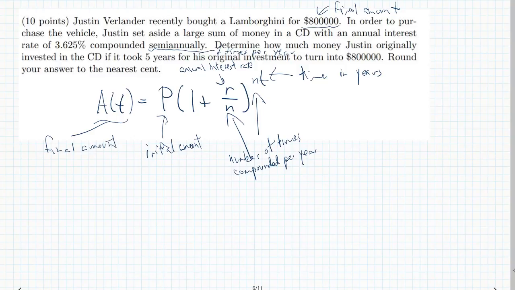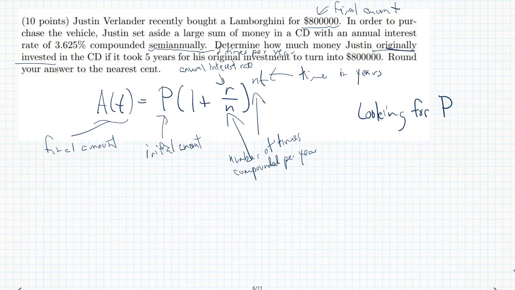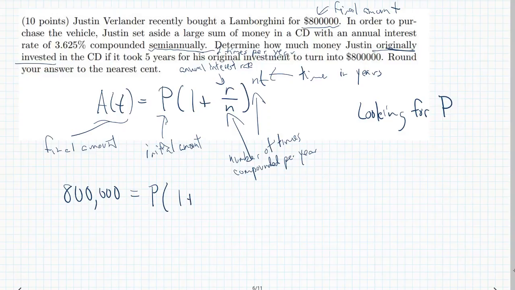Okay. And so we want to determine how much money Justin originally invested. So that means we are looking for P because we want to find the amount that he originally invested. Okay, so that means we have the final amount, right? So that's 800,000 equals P times 1 plus, we want to write R as a decimal.